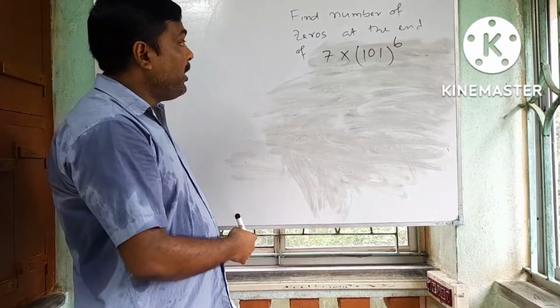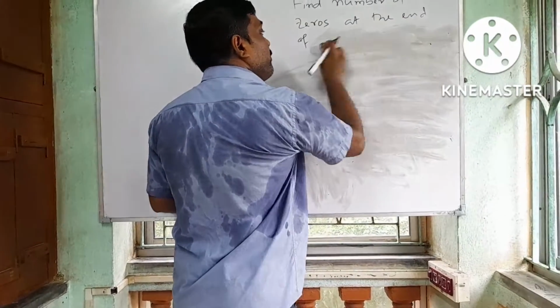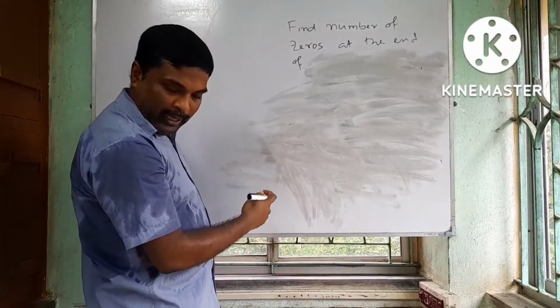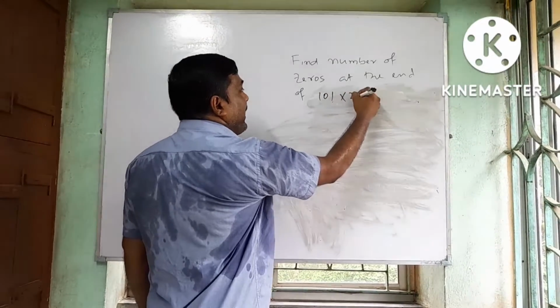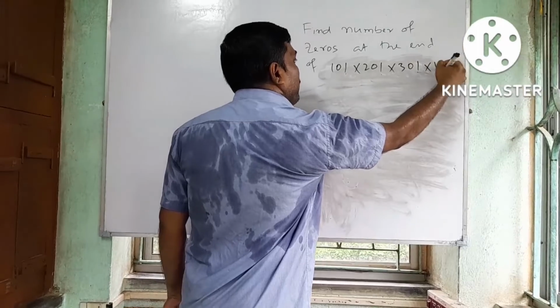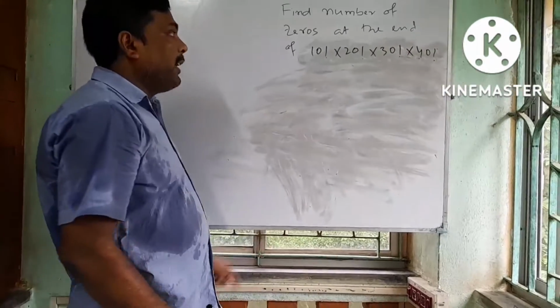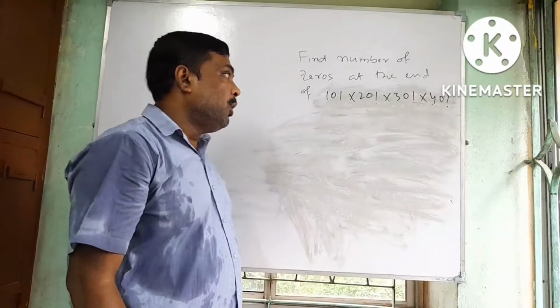Take one more problem: find the number of zeros at the end of 10 factorial into 20 factorial into 30 factorial into 40 factorial.